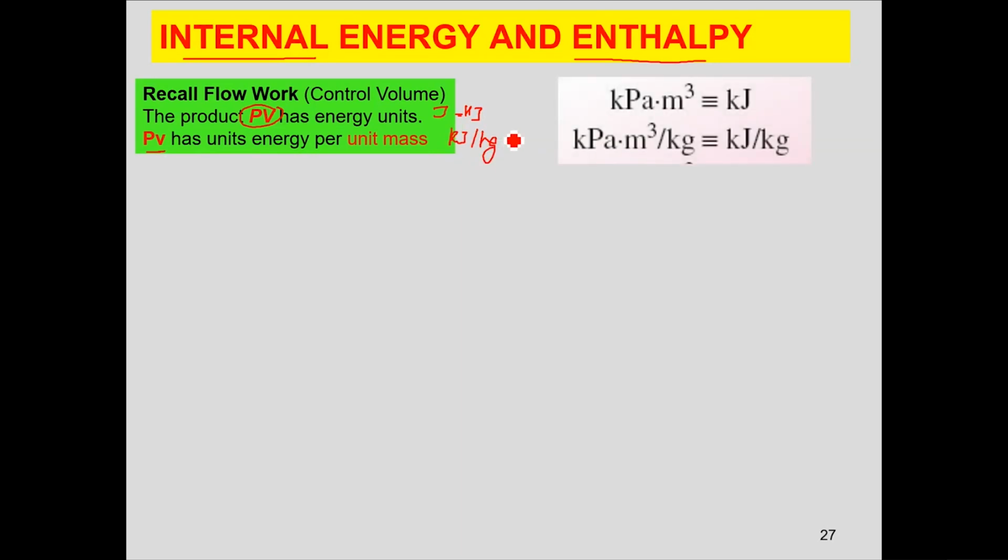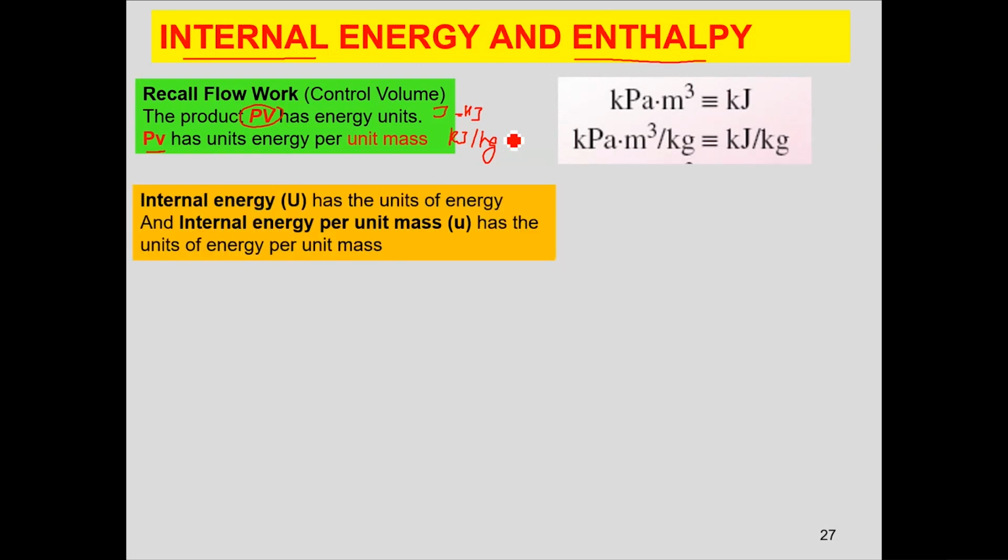Again, it is associated with energy. Similarly, internal energy, defined by the capital letter U, has the units of energy, joules or kilojoules, and internal energy per unit mass has the units of kilojoules per kg or joules per kg.